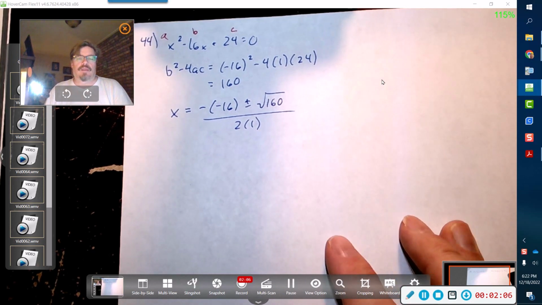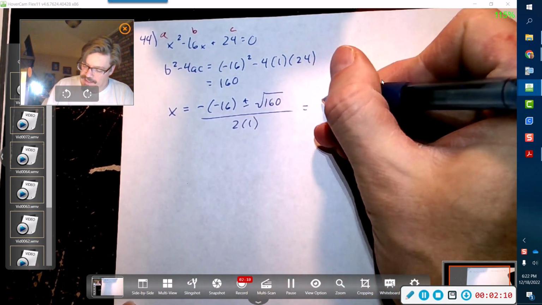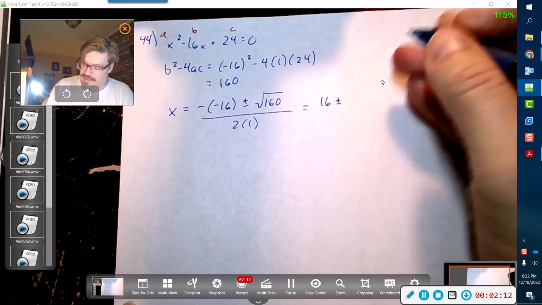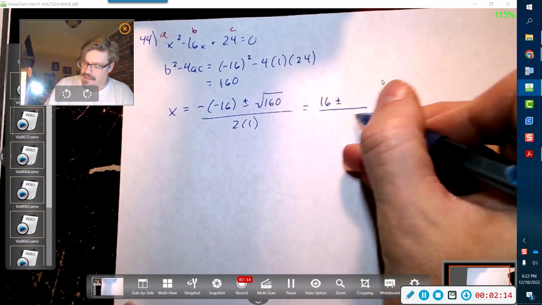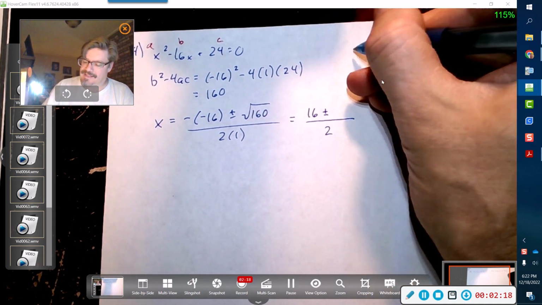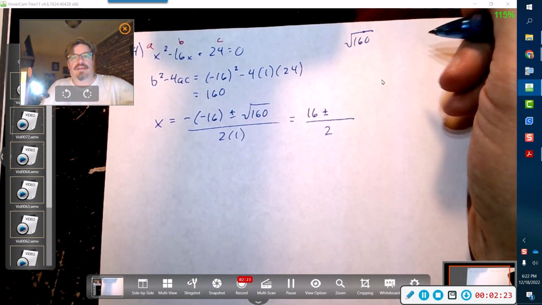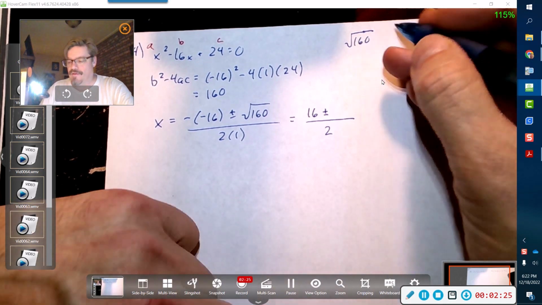Okay, so now we'll rewrite this as a positive 16 plus or minus the square root of 160 over 2. What I'm going to do is see if I can break 160 down. Okay, I have a feeling that I'm going to be able to pull out a pair of things here.